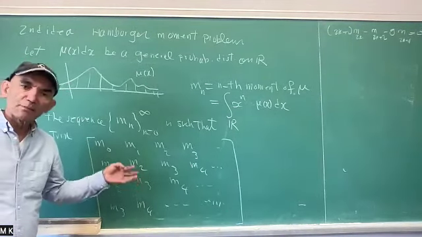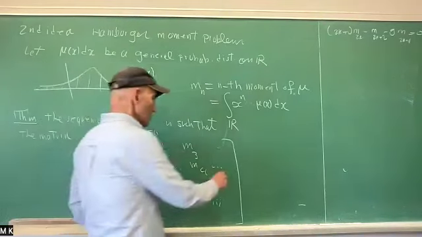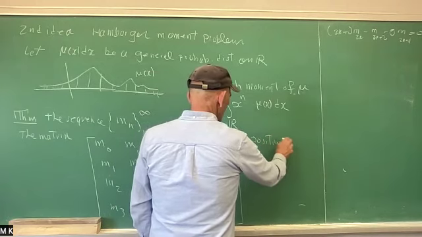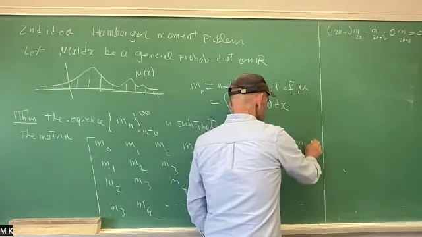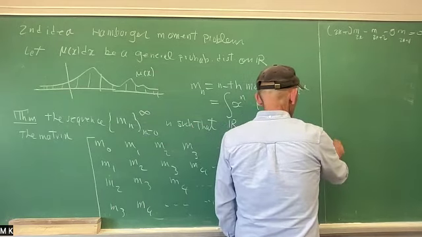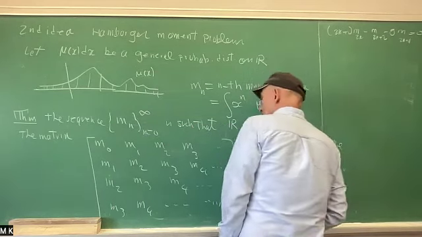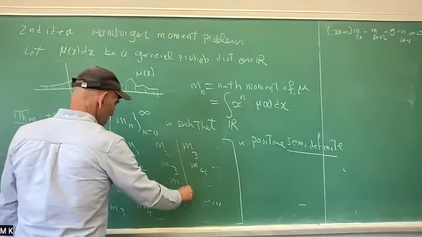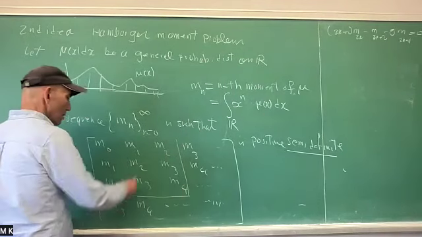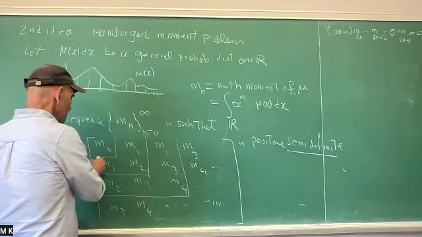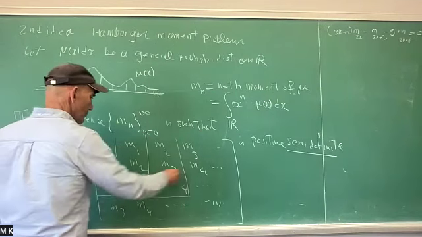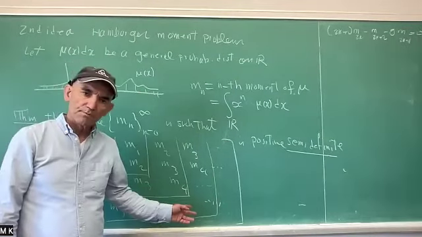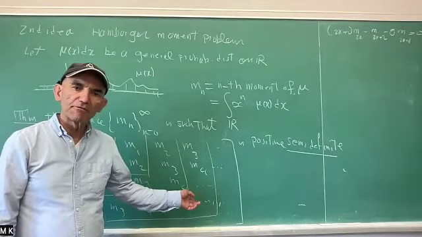This matrix is positive semi-definite. Positive semi-definite means that any corner you cut, starting from here, 2 by 2, 3 by 3, 4 by 4, is a positive semi-definite matrix.